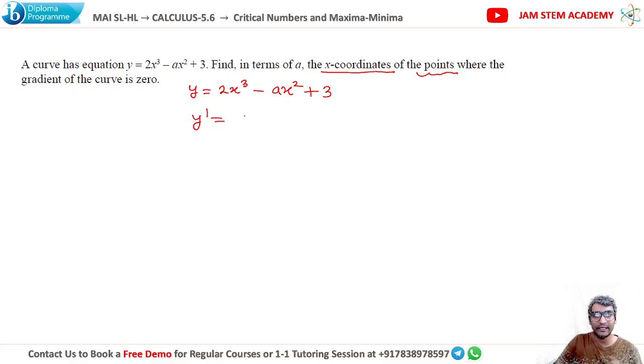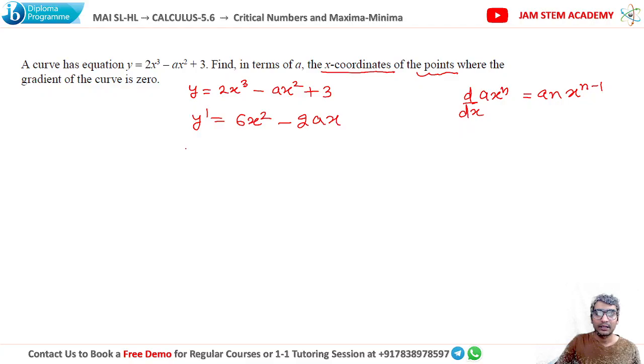Using the derivative formulas, I can write 6x squared. The derivative of x to the power n is n x to the power n minus 1, and a x to the power n has the derivative a n x raised to the power n minus 1. Now a is a constant number, so I can also say 2ax. So that's the y prime.